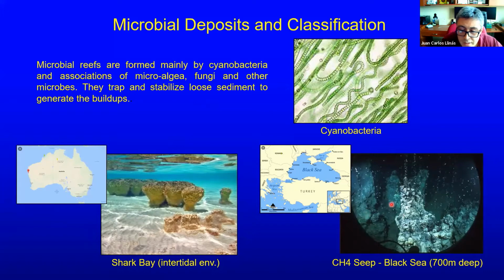And this other example, down deep in the ocean, in the Black Sea, about 700 meters deep, where these microbial buildups grow next to methane seeps. What these two distant environments have in common is that they share extreme environmental conditions which are hostile for most living organisms, except for these microbial colonies.